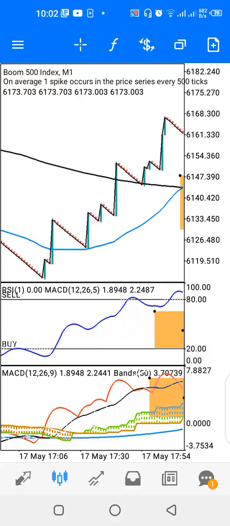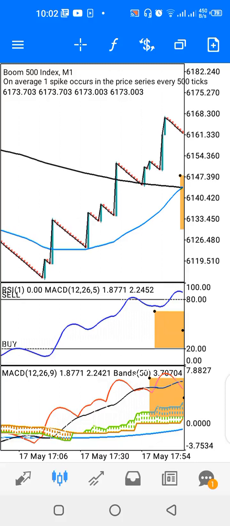Since Boom index is going to spike upwards, I'll want to ride the upward trend, the uptrend. So that by the time it starts to retrace, the rate at which I will lose my money will be very slow compared to when it spikes.